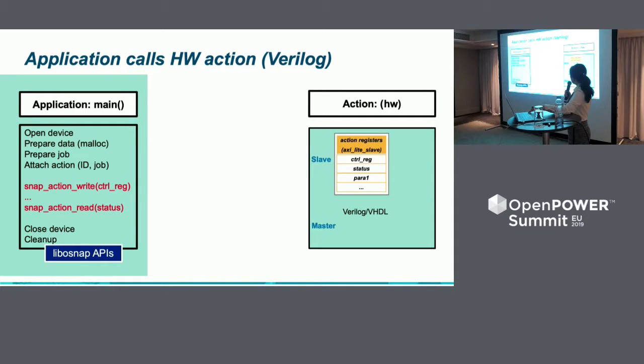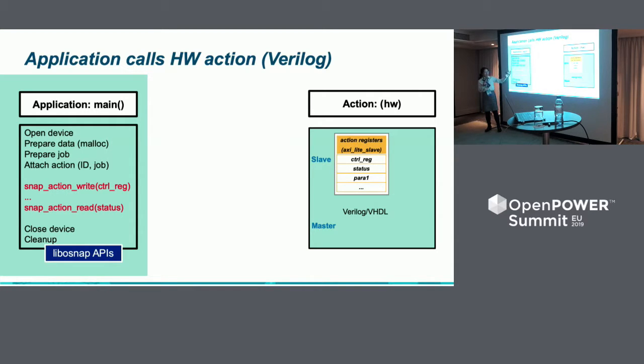All right, so let's have a look at how software and hardware work together. For a Verilog design, we start from the main function on software, and it has to include libosnap. Then you open the device, prepare the data and what you are going to do, and attach the action. In this step, you tell the hardware what job you want to do, and attach the action ID or action type.